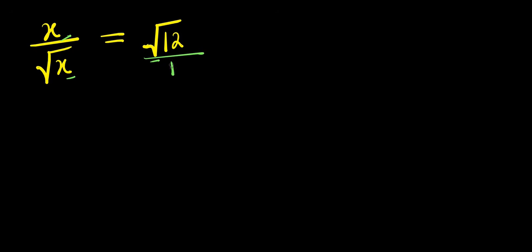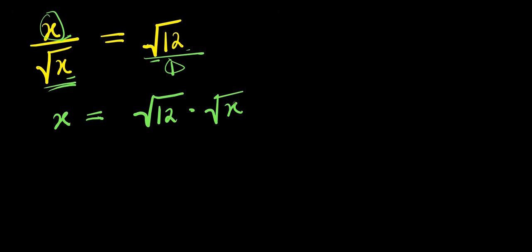This is over 1. So x will multiply 1. I have x. And this equals root x will multiply root 12. This will give us root 12 times root x, right?